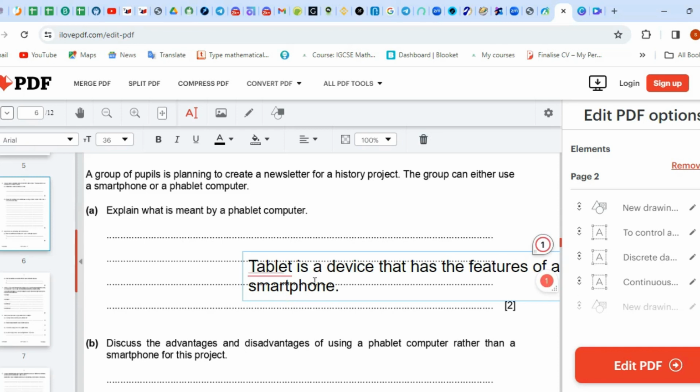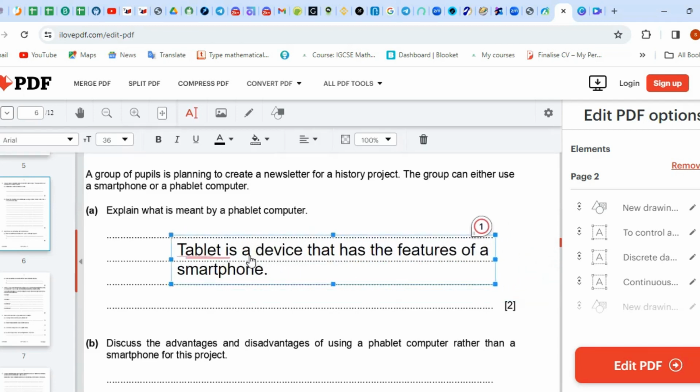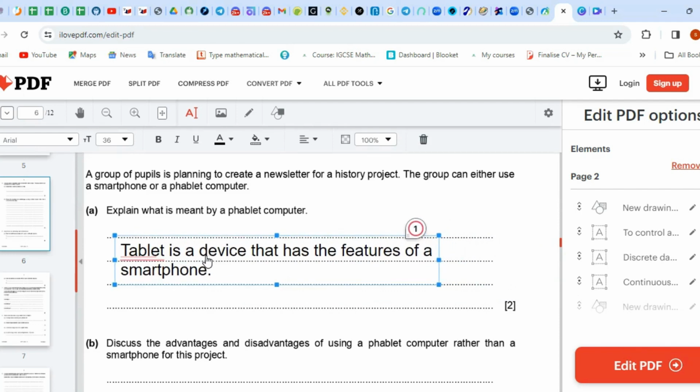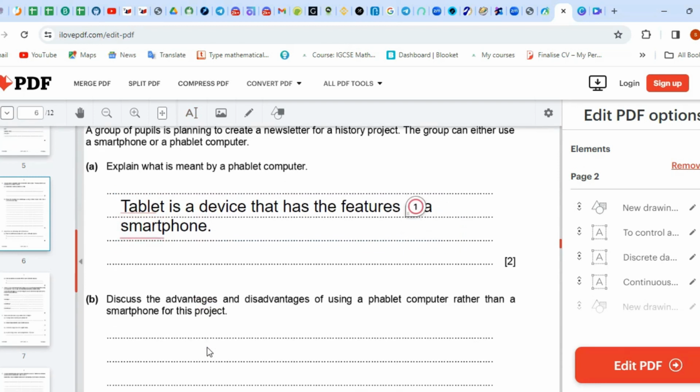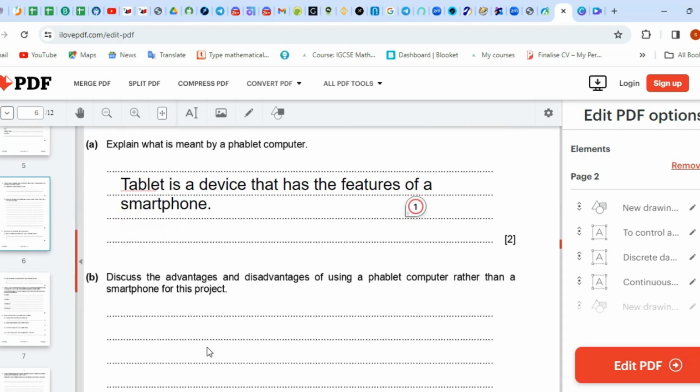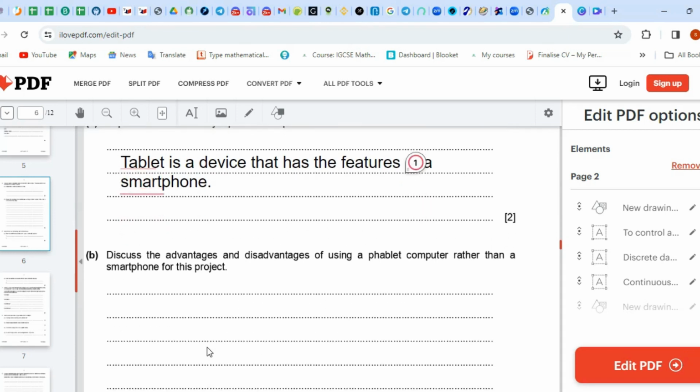And this device, its size is between a smartphone and a computer. So that's a tablet.